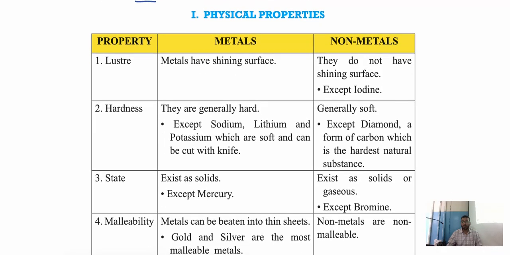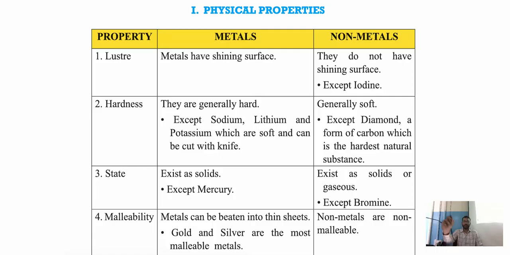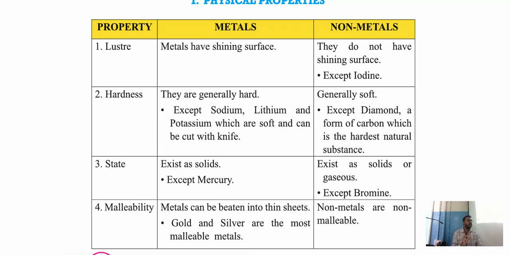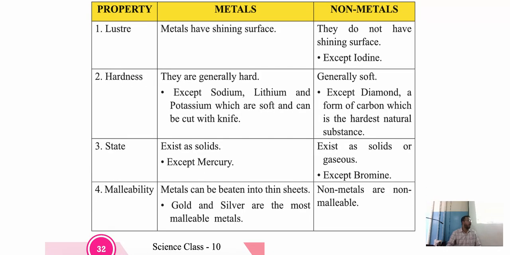Now, in this concept, we are going to study about physical properties. See, children, the first property is luster. Metals are lustrous. Metals are hard in nature. Then their state, how they are available in nature, in which form: either a solid form, liquid form, or gaseous form.